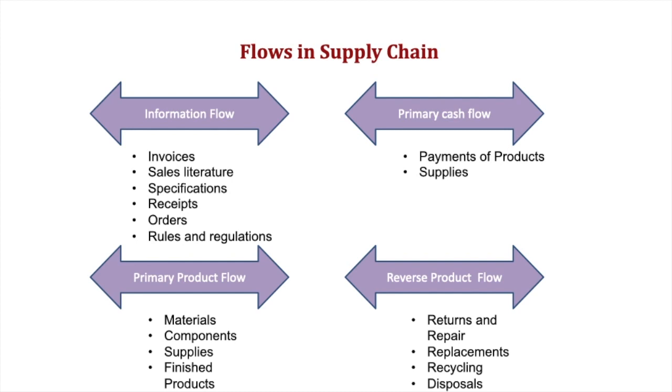So you receive the product that is not in good condition, and then you have to report to the customer department, and there will be a person that will take back the product and then repair it, or maybe replace it, or maybe give a new product to you. This is what we call the reverse product flow. So all this is the base in the supply chain management information system.